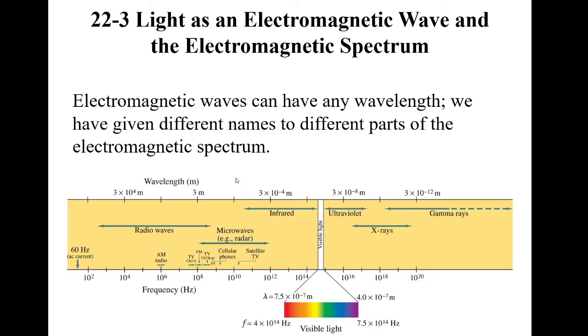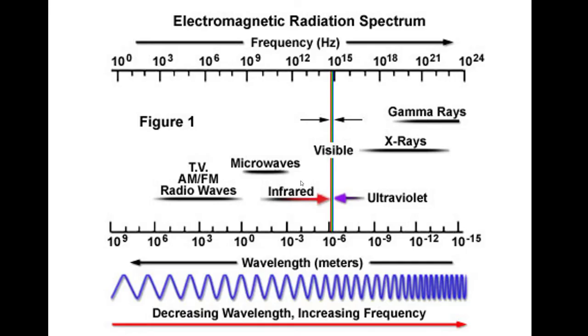All right, so let's look at it this way. As you move across this spectrum from left to right, you have decreasing wavelength and increasing frequency. So greater energy corresponds to greater frequency, but less wavelength.